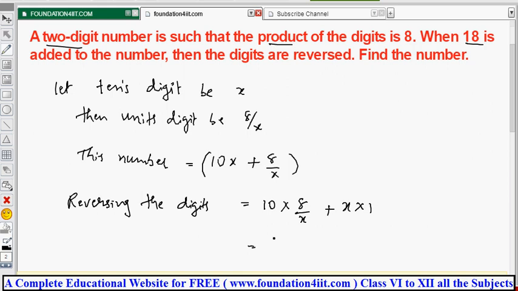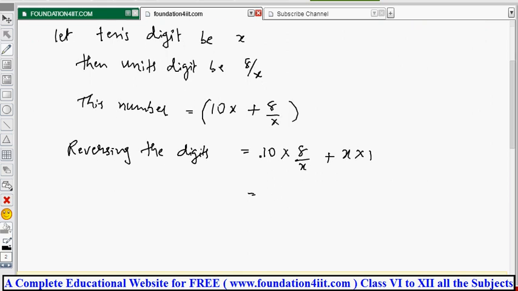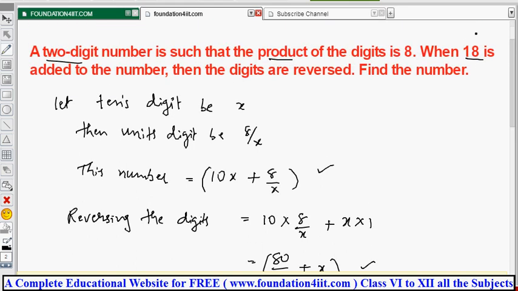Now we can write this as 80 by x plus x. Now this is the original number, and this is the reverse number. Now according to the statement, for the original number, when 18 is added to the number, the digits are reversed.